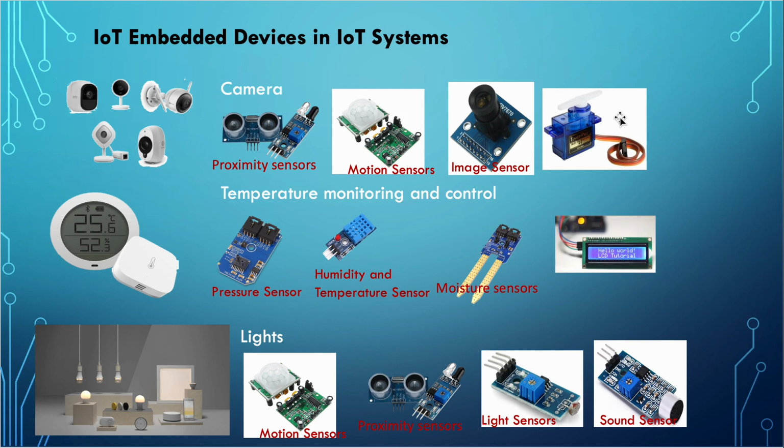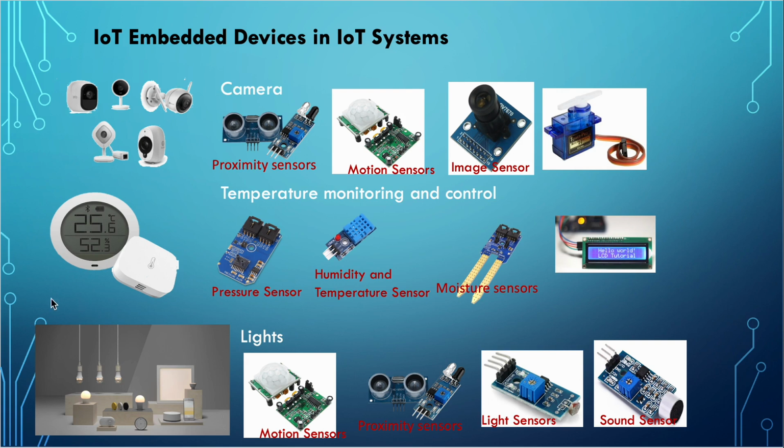Again, the networking part and the processing part is also there. These networking and processing sections are common for all these devices, right? So we are just going to talk about the sensors and the actuators.